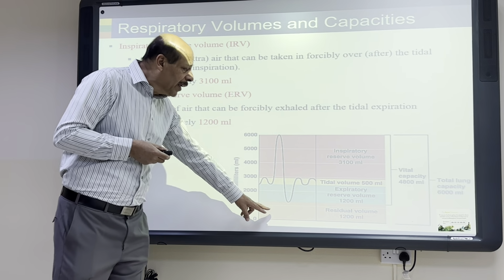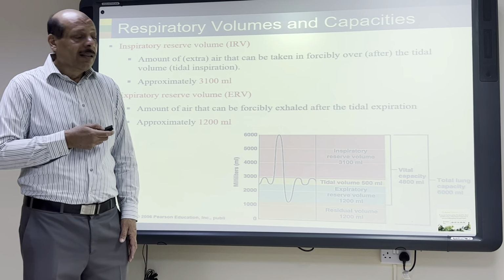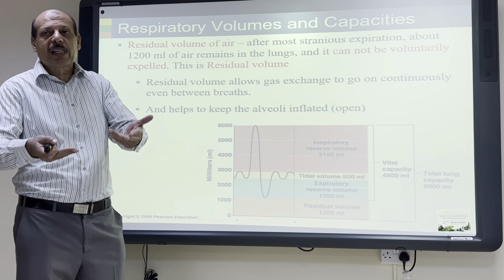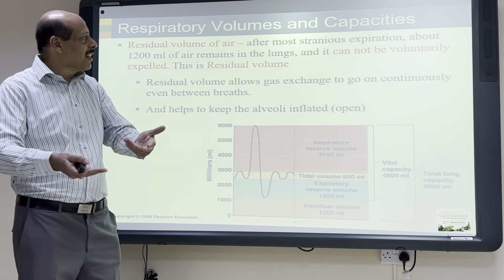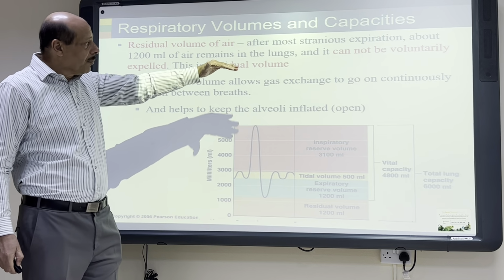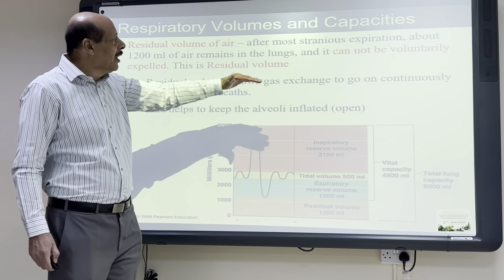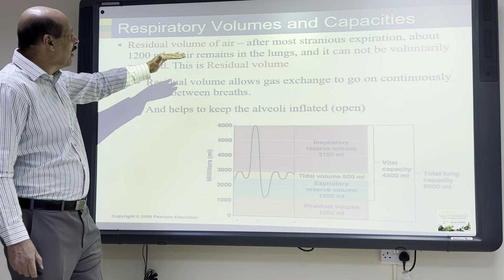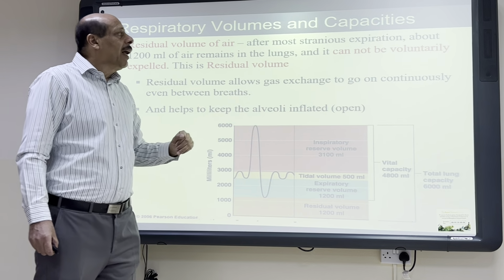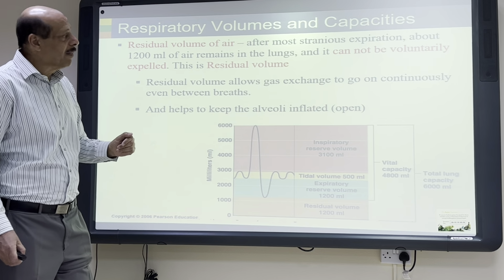The remaining, which we call the residual volume, is around 1,200 ml after forced expiration. So the residual volume of air is what remains after the most strenuous expiration, about 1,200 ml of air in my lung, and it cannot be voluntarily expelled.